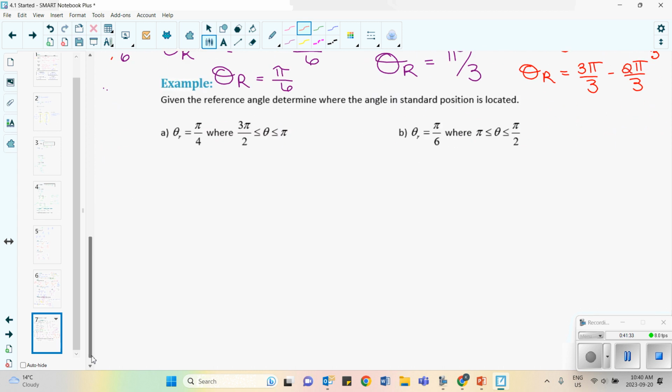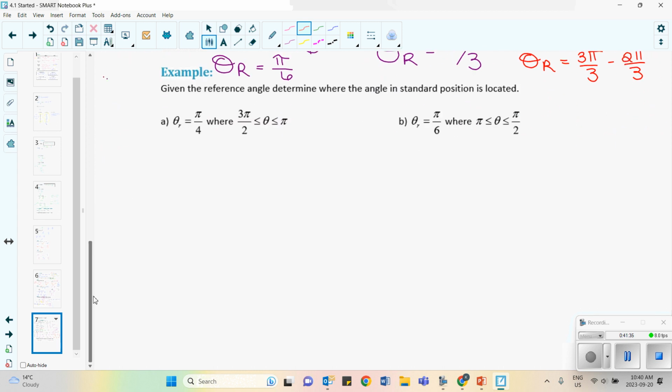Okay, so this is where things get complicated, and this will be on your quiz, and I find students have the hardest time with this. It's not a hard concept once you get it, but it takes a minute to figure it out. Remember that coordinate plane we had? 0, 2 pi, pi over 2, pi, 3 pi over 2?